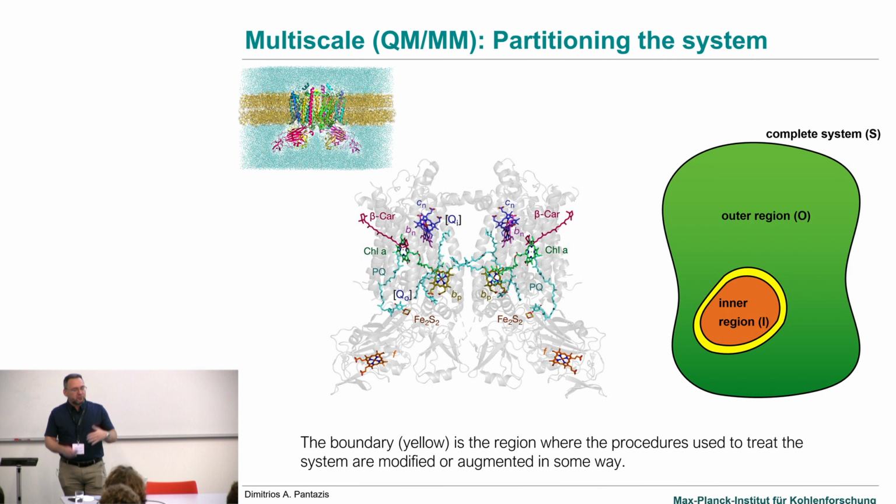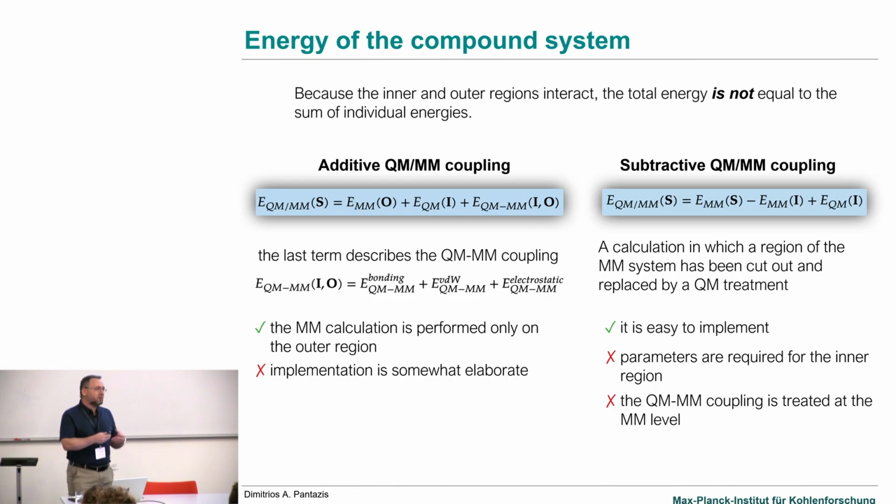So to do that, we use QM/MM methods, which means that we decide, it's our decision, what should be the QM region, what do we describe with actual quantum mechanics, and what do we represent with simple force fields. And then we have different types of coupling between these two regions.